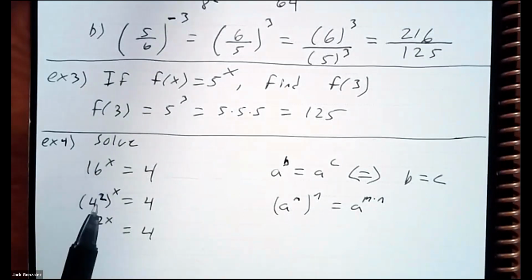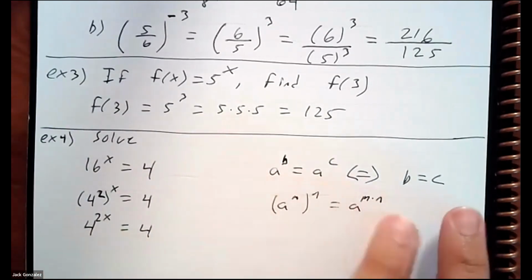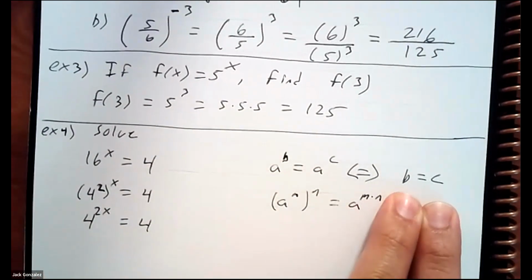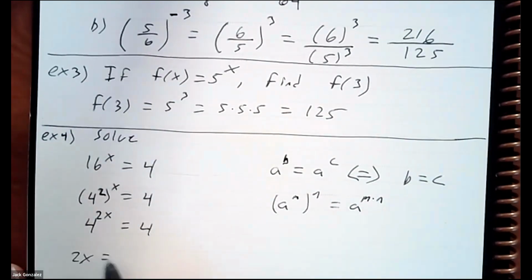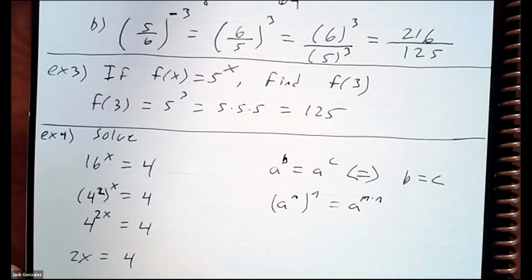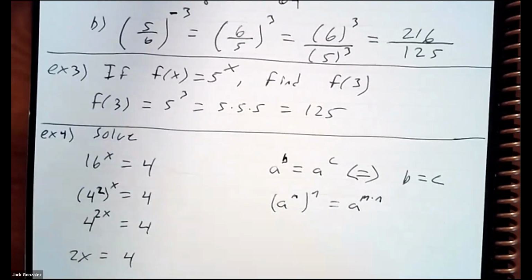If I change the 16 to a 4 squared, I have a power to a power, they would just multiply together. Okay, so now they are the same. If they are the same, you can say that the powers are equal to each other. So that means that 2x is equal to 4. So x is equal to 2.